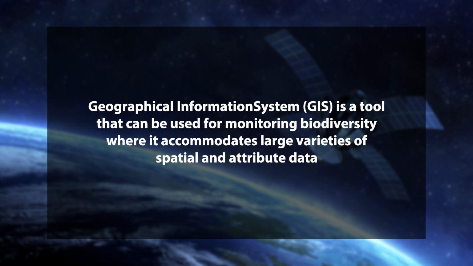GIS is a tool that can be used for monitoring biodiversity, where it accommodates large varieties of spatial and attribute data. Embedded in a GIS, the information is used to target surveys and monitoring schemes. Data on species and habitat distribution from different dates allow monitoring of the location and the extent of change.